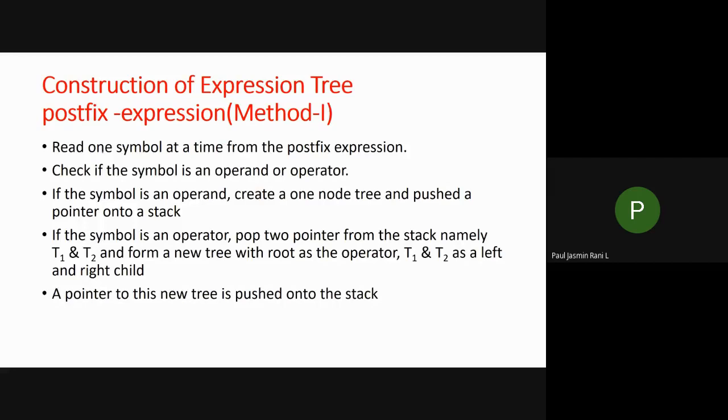In your first step, you are going to read only one symbol at a time from your postfix expression, because your input will be a postfix expression, and using it you are going to construct an expression tree. So in the first step I read only one input character at a time.